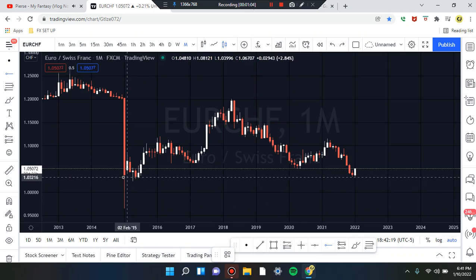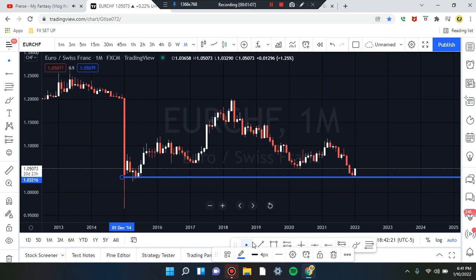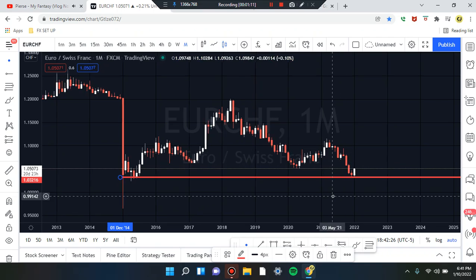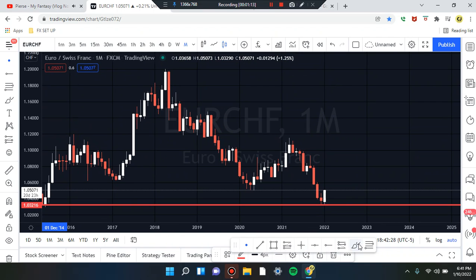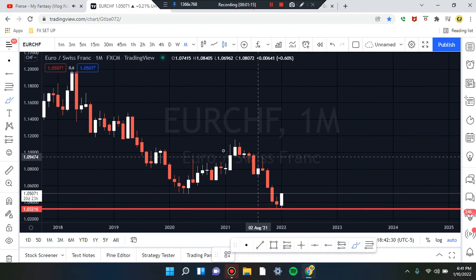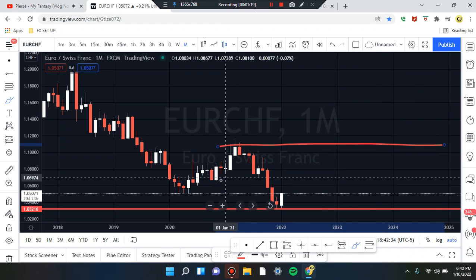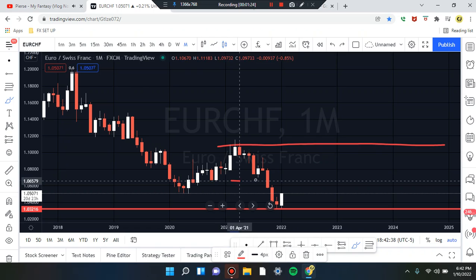So let's grab a horizontal ray. We have our price action lows, price action highs, and we can clearly see we have a midpoint right in the middle.